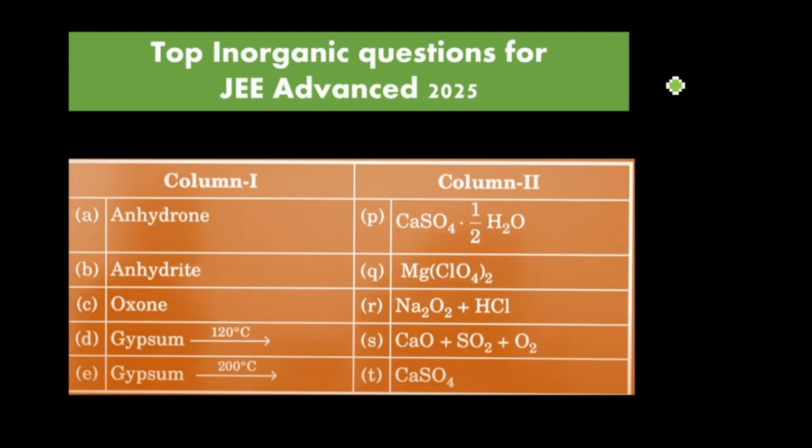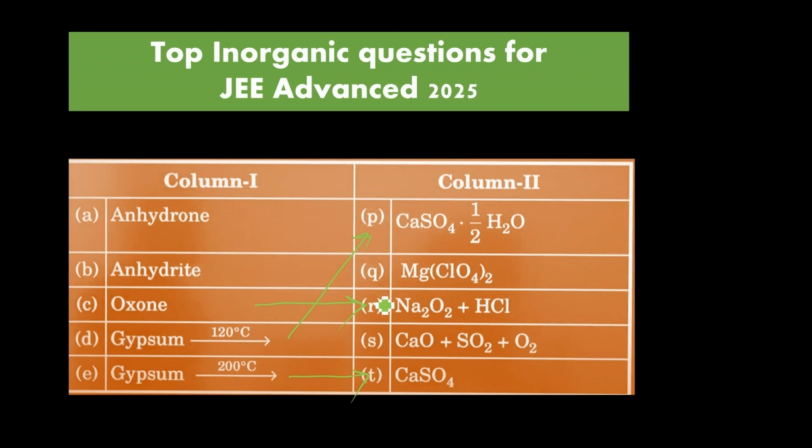So in this type of match column, if they are giving you only one correct match for one part of column 1, then you can easily solve, because gypsum at 200 and 120 is given over here. As you see, gypsum at 200, which belongs to T, right? Then gypsum at 120 will be losing only 1.5 moles of H2O to form P. Then our oxone, which is sodium peroxide with HCl, that will form oxone.